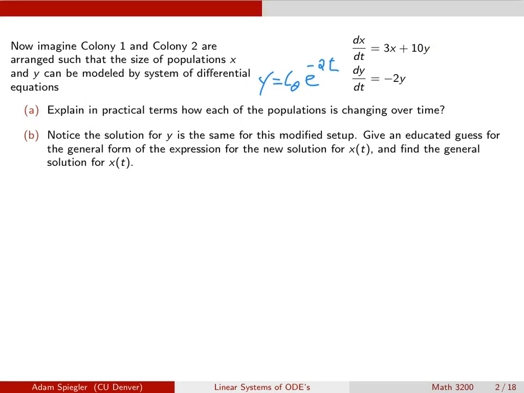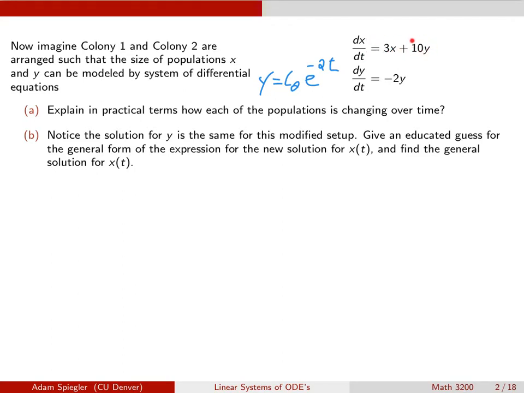And if we're assuming x and y are populations of bacteria colonies, then x and y are at least bigger than or equal to 0. So having a differential equation like this, adding this 10y term on, y being positive, means the presence of y in colony 1 is actually going to make the rate of change of x be even bigger.